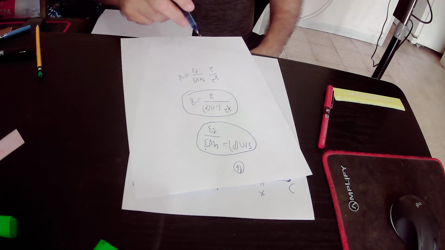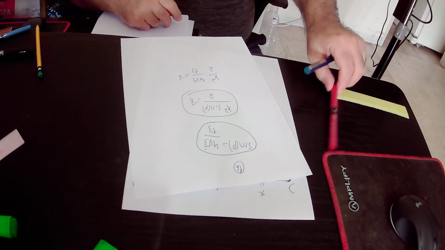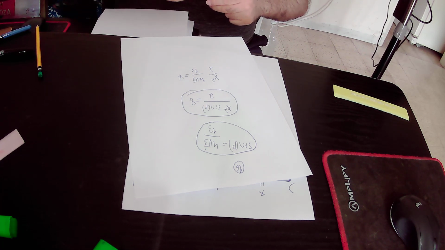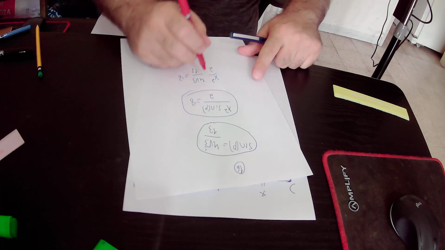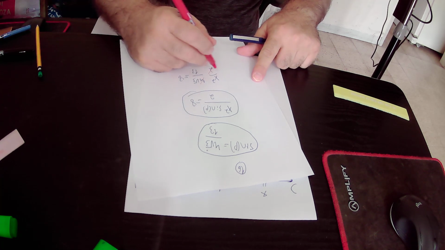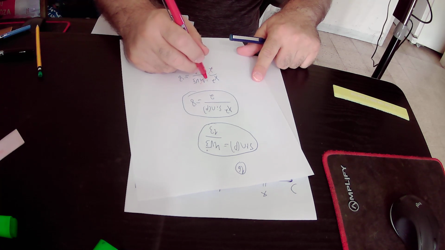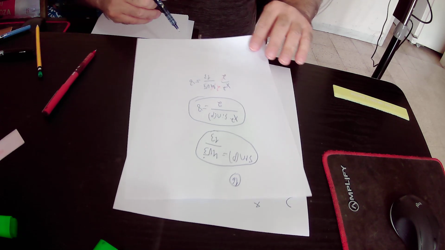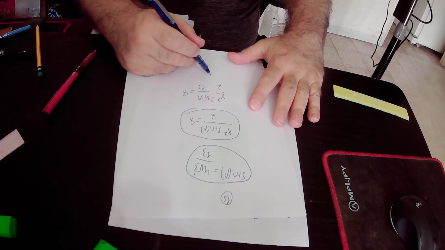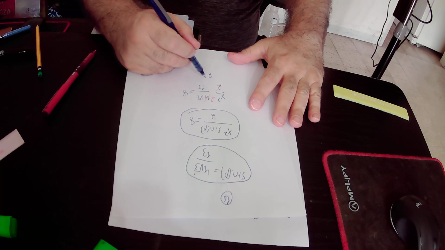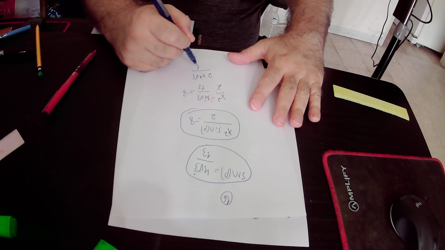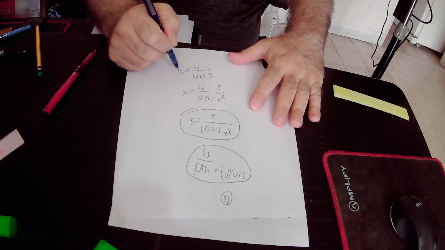So here 4 over 2 is 2. So we get that 2x squared times root 3 over 13 equals 8.